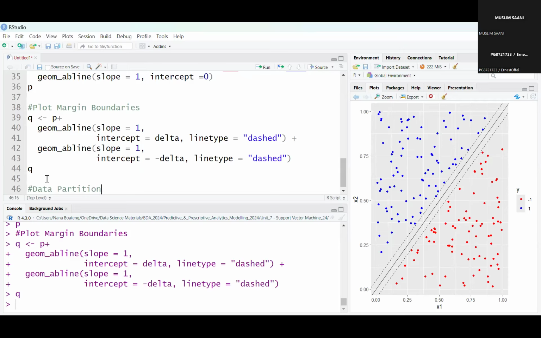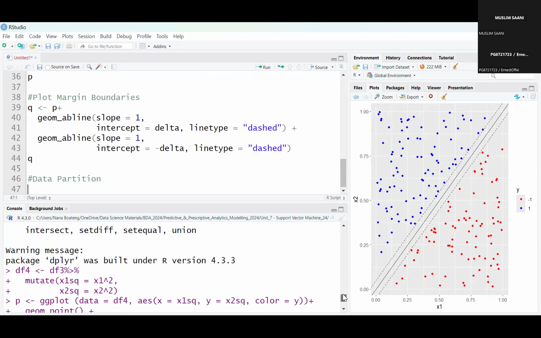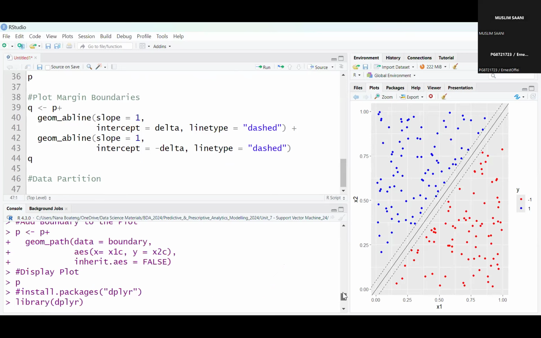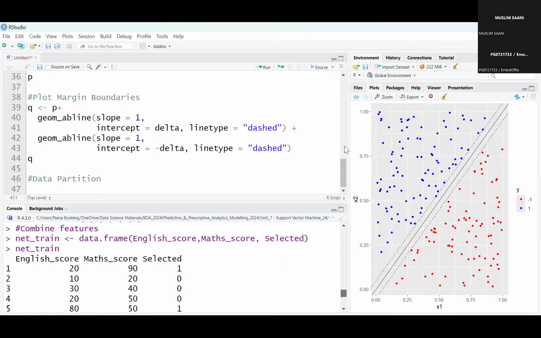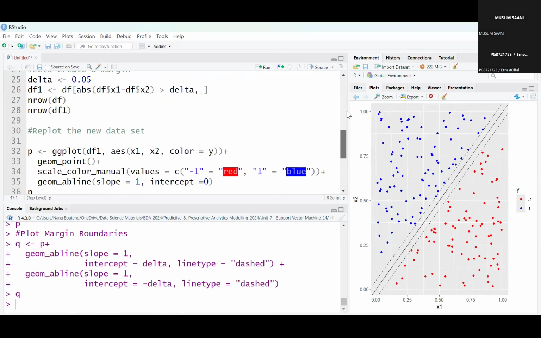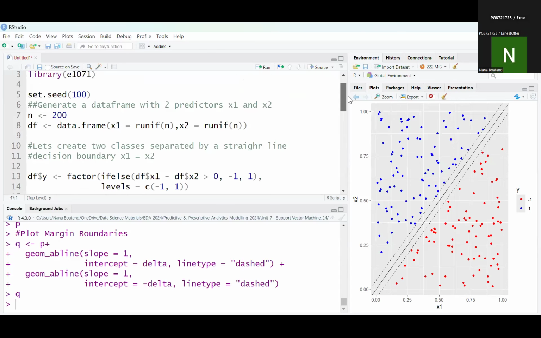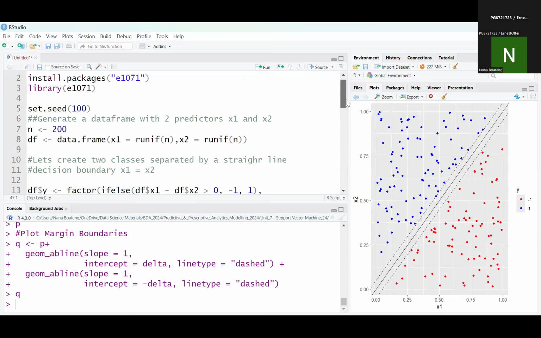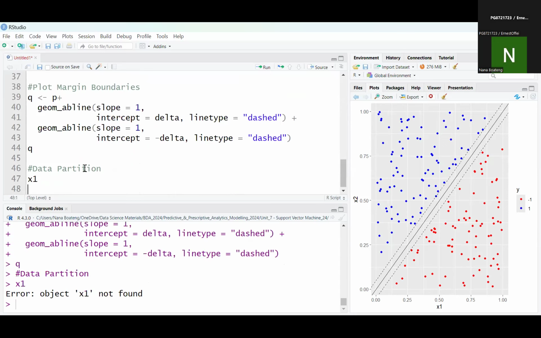Since this one is a random uniform numbers we generated, let's see the ones we generated. Let me run X1 and then X2.